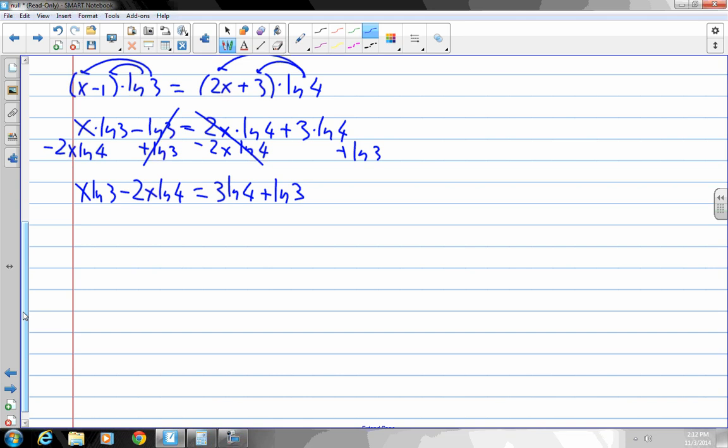Is that okay? Still a linear equation, an ugly one, but a linear. So again, how do we combine like terms? We have x and x, so we can factor that out. Leaves us with ln of 3 minus 2 ln of 4 equals 3 ln of 4 plus ln of 3. Right? And finally divide.